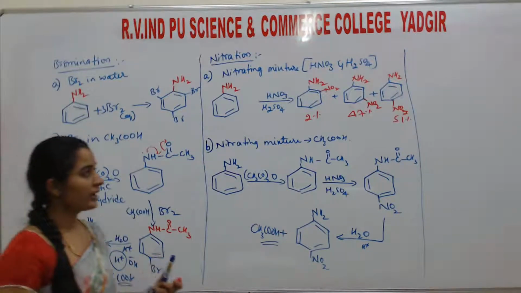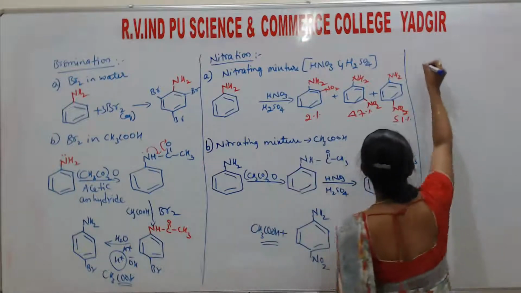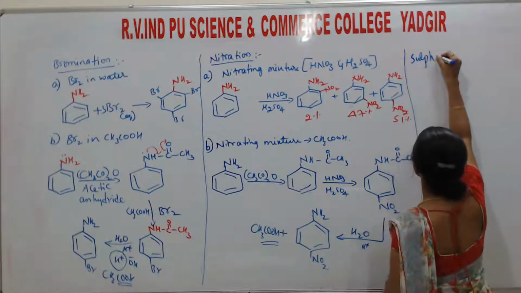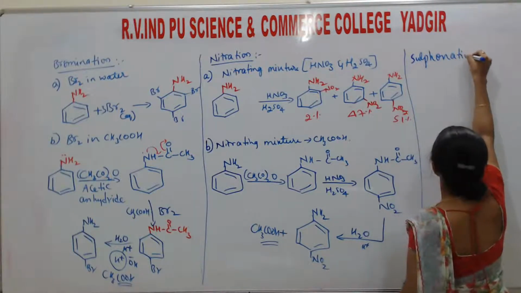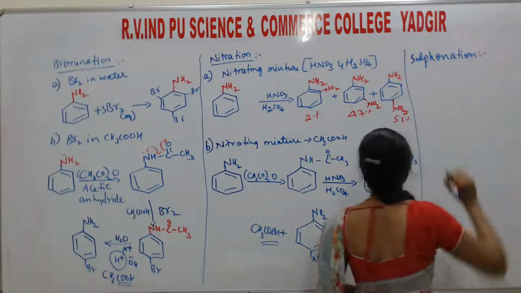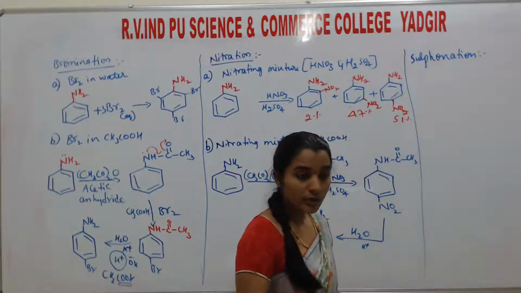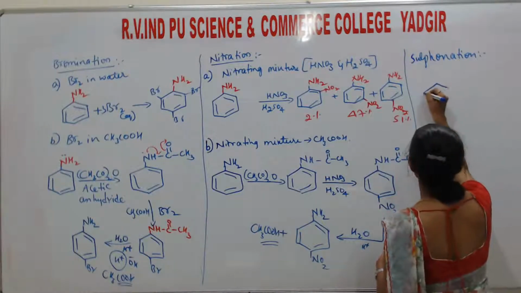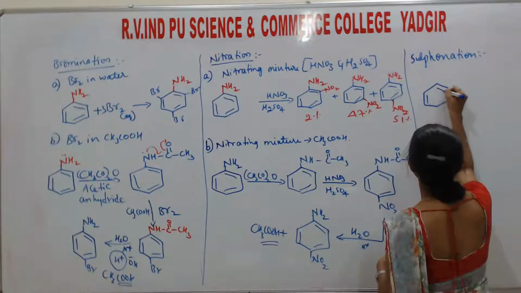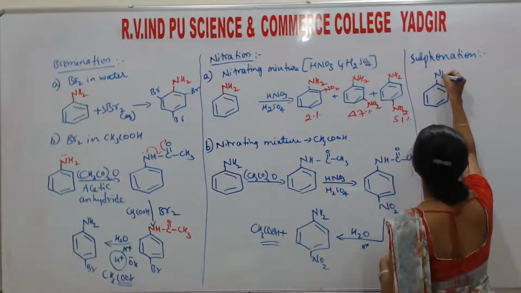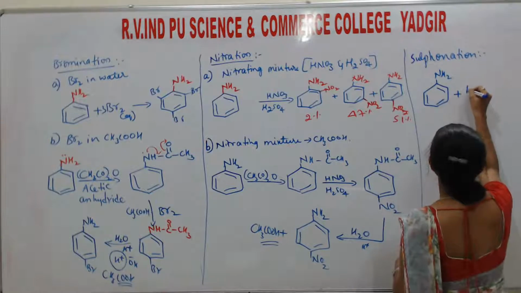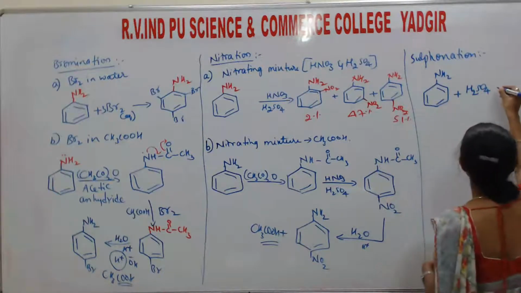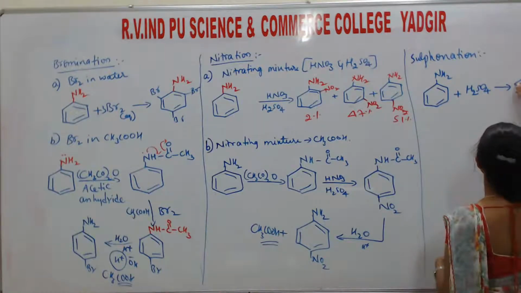Understand? So the last one is sulfonation. In this sulfonation, students, there is no need to protect the NH2 group because this NH2 group directly reacts with the concentrated H2SO4. So if it reacts with concentrated H2SO4, what will it form?